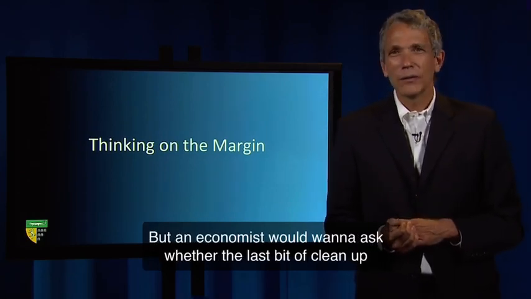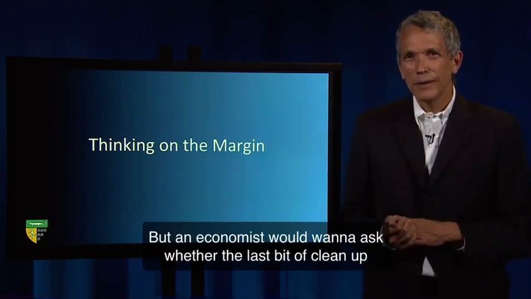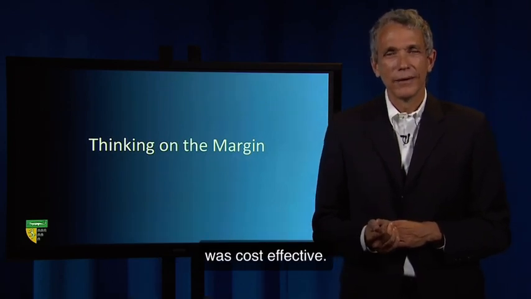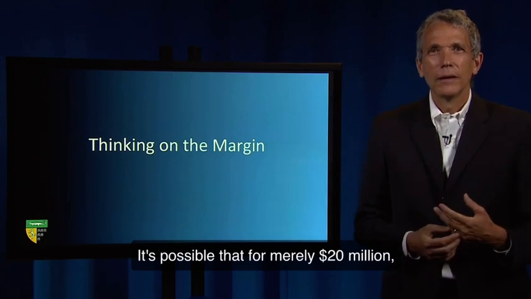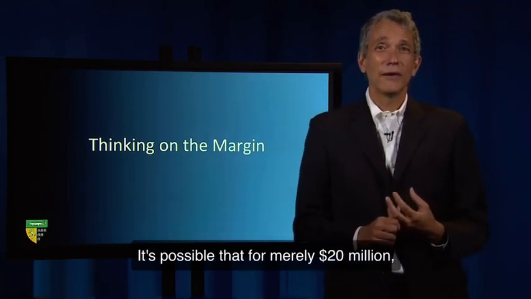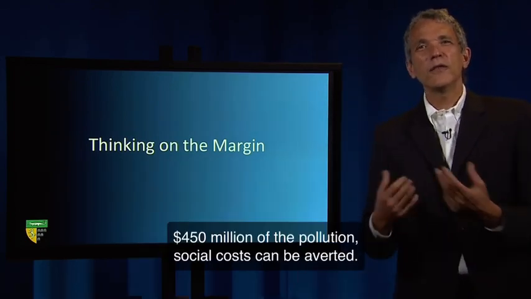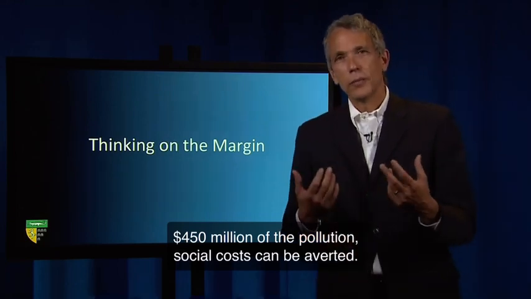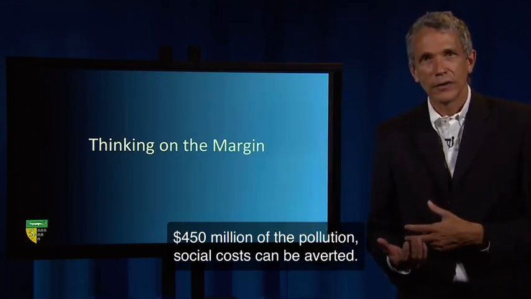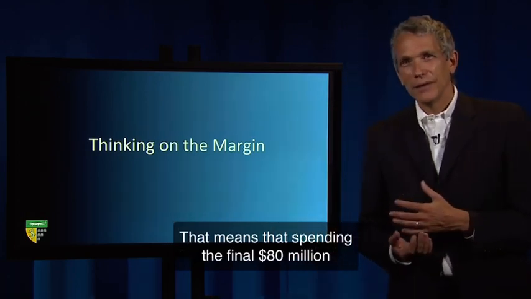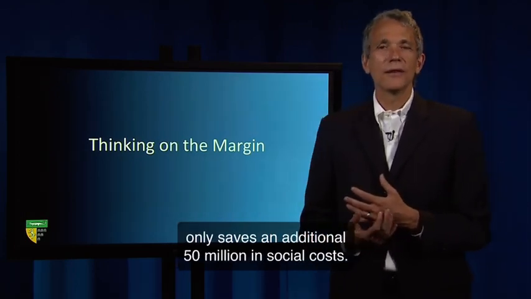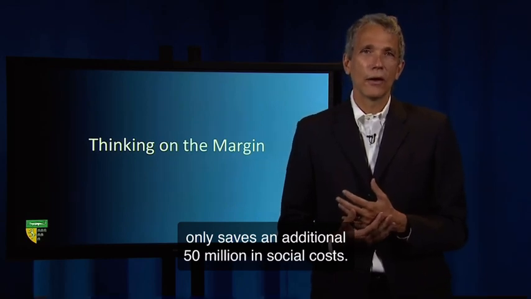But an economist would want to ask whether the last bit of cleanup was cost-effective. The economist would want to think on the margin. It's possible that for merely $20 million, $450 million of the pollution social costs can be averted. That means that spending the final $80 million only saves an additional $50 million in social costs.